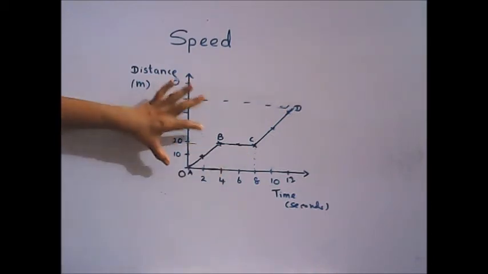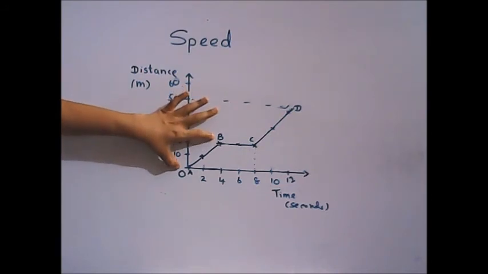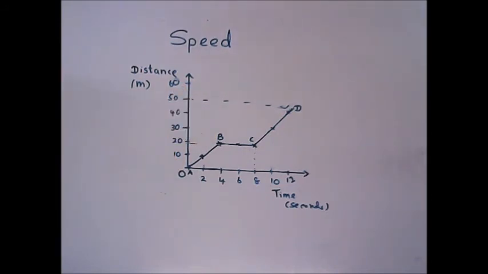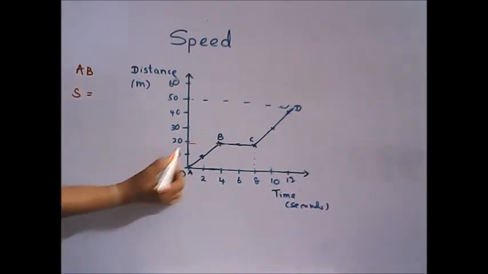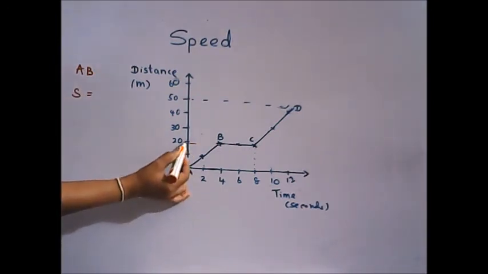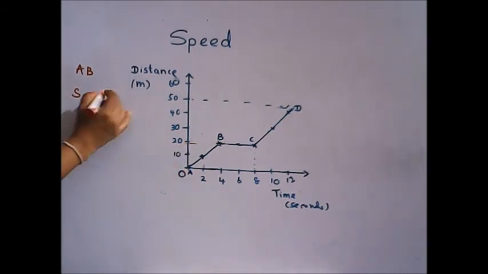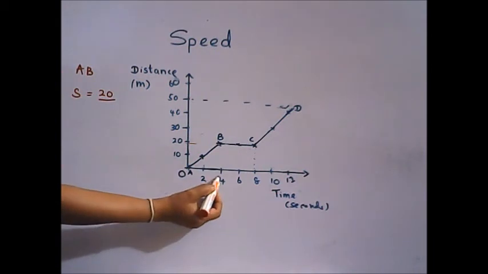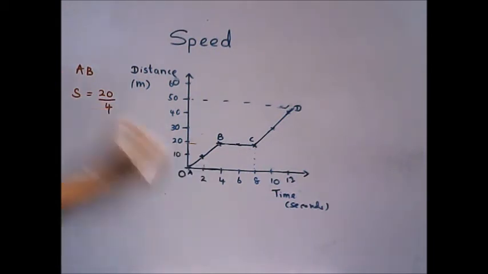Now let's find the speed between points A and B. Speed equals distance divided by time. Now distance is 20 minus 0, which is 20, and time is 4 minus 0, which is 4.